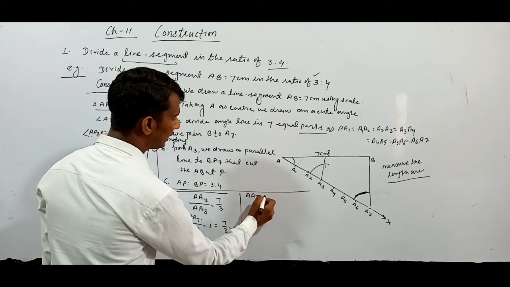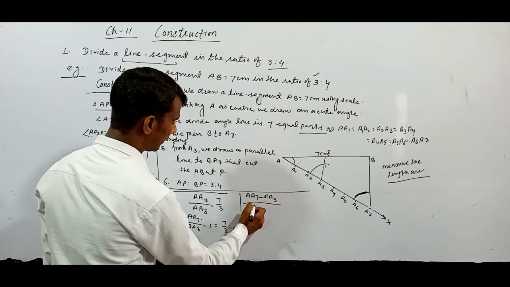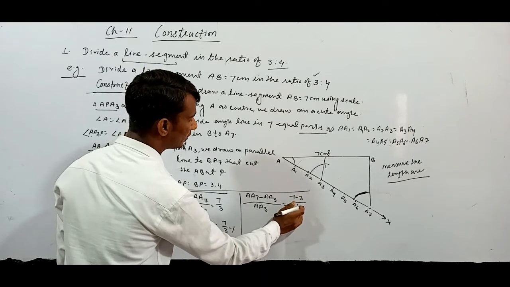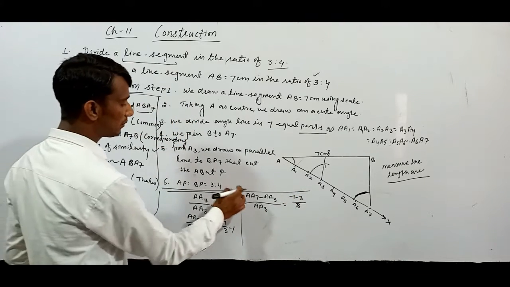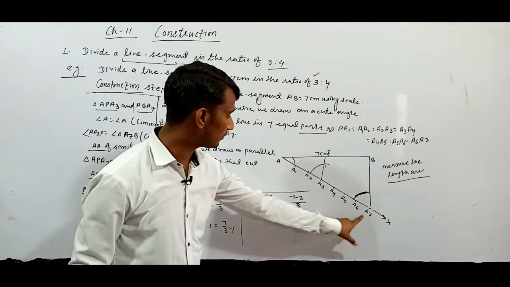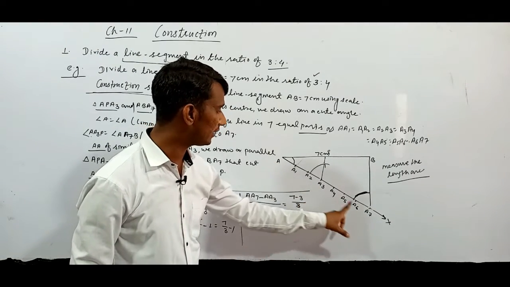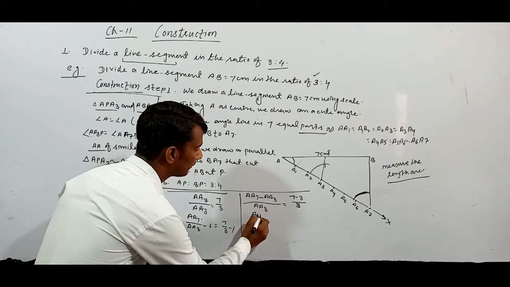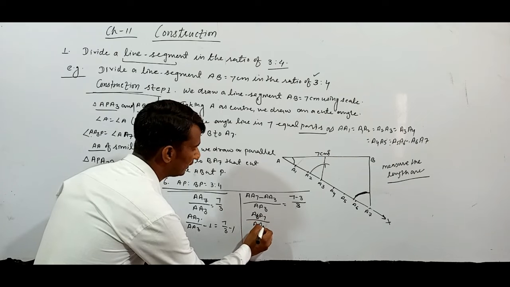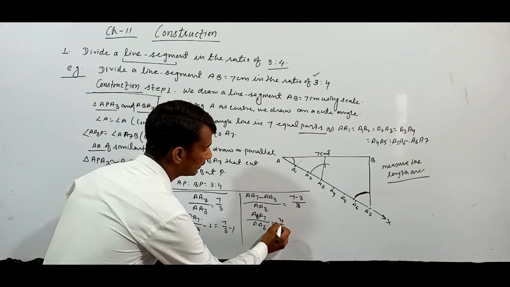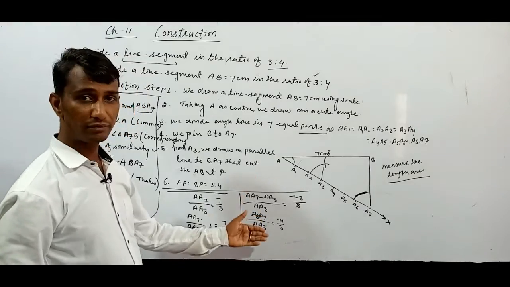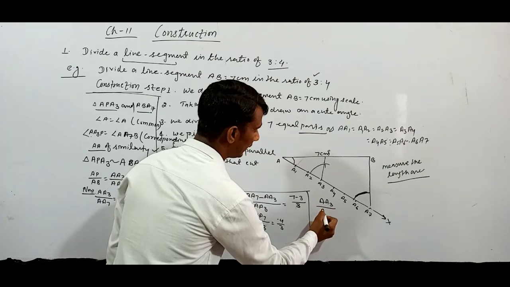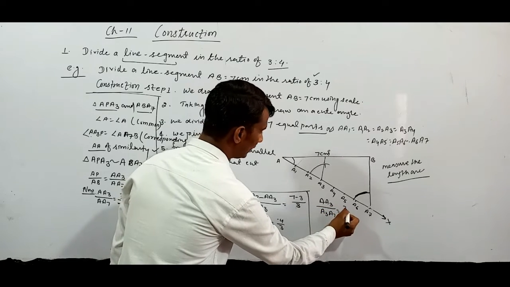AA7 minus AA3 upon AA3 equal to 7 minus 3 upon 3. After subtracting AA7 minus AA3, we get A3A7 upon AA3 equal to 4 upon 3. Now we change the term, and we get AA3 upon A3A7 equal to 3:4.